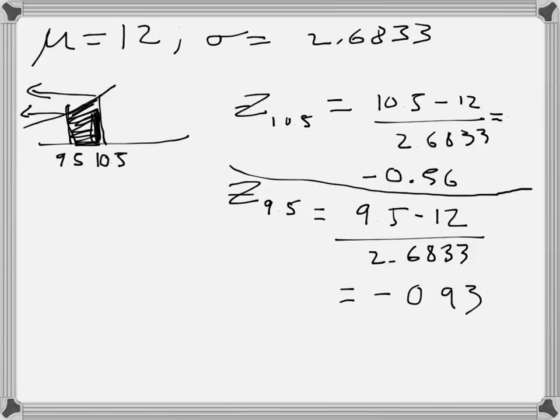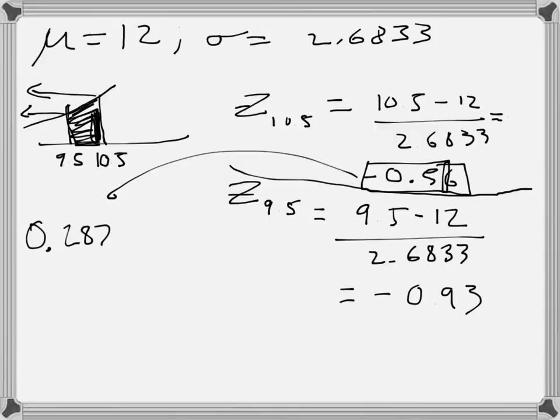So if I look up my z of negative 0.56, I get a probability. I go to my z table, I find this row, this column, and I get a probability of 0.2877. That gives me the probability that I'm left of here, but it also includes this extra bit. I want to cut this probability mass off, so I subtract the probability that I see a z of negative 0.93.